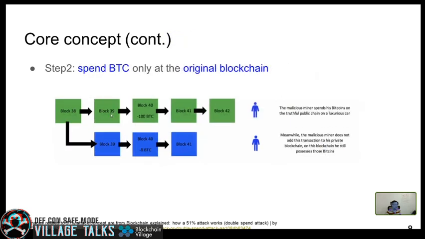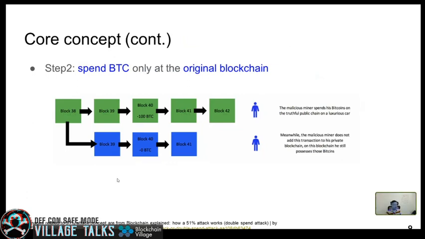And then the second step is to spend the Bitcoin only on the original blockchain, only on this one, like block 40. When you spend that Bitcoin as a buyer, the seller will perceive that they have obtained 100 Bitcoin and provide you with goods.